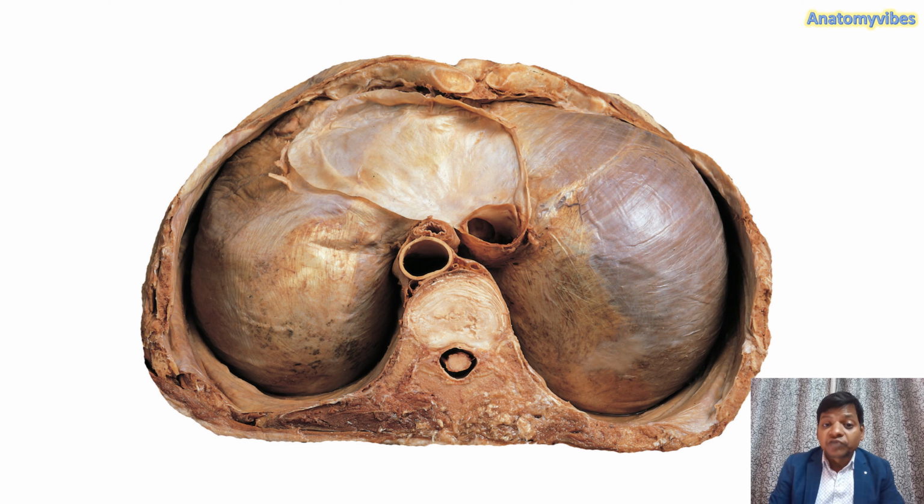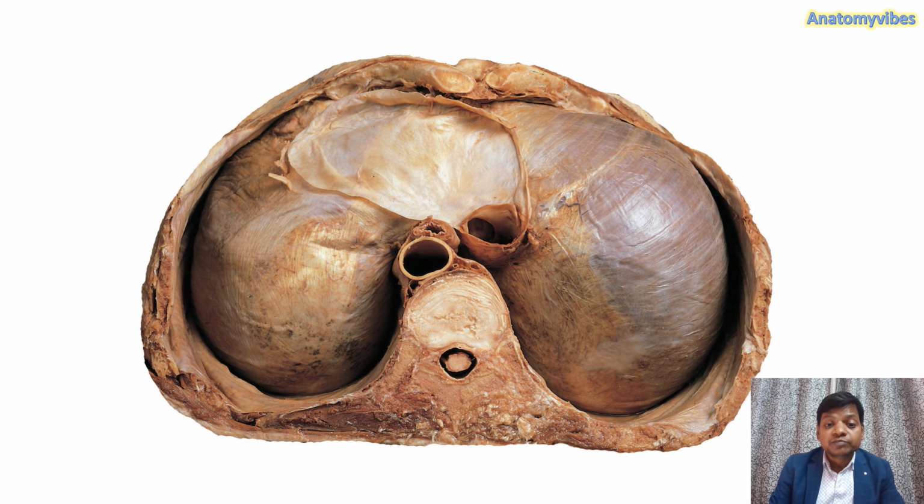This is fibrous pericardium, which is covering the heart along with its pericardial cavity. So this is the fibrous pericardium and borders are the cut part of fibrous pericardium. Just below this we will have the tendinous part of diaphragm.